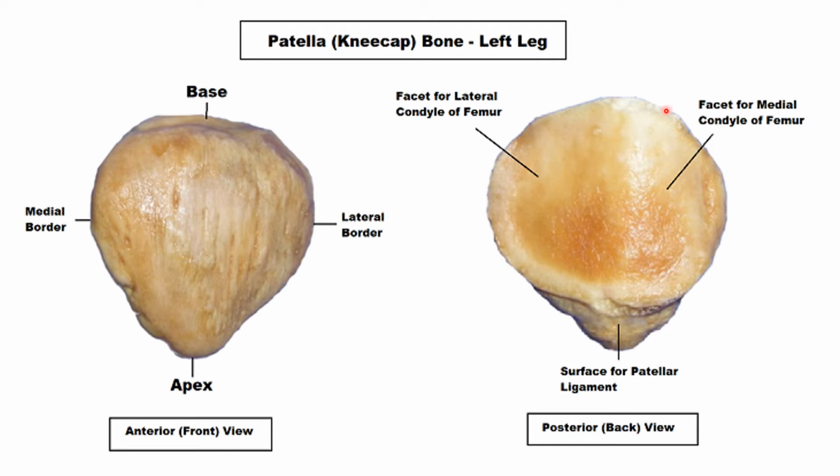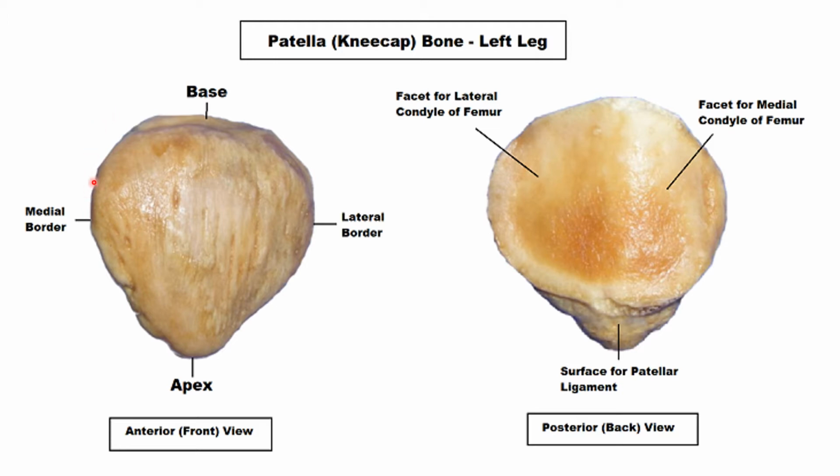Then coming to the attachments of the patella, the superior border gives attachment to the rectus femoris and to the vastus muscles. The apex gives attachment to the ligamentum patellae. The medial border gives attachment to the medial patellar retinaculum.